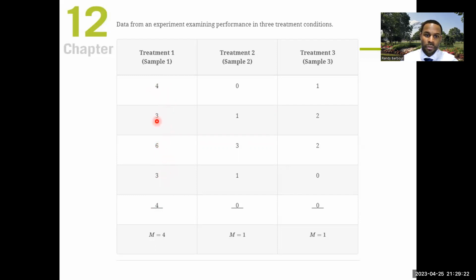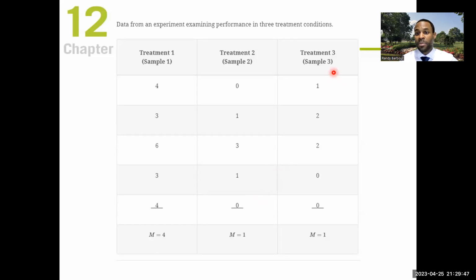So you have 4, 3, 6, 3, 4, and you get an average score of 4. But within each treatment, the people in that group experience the same exact treatment.